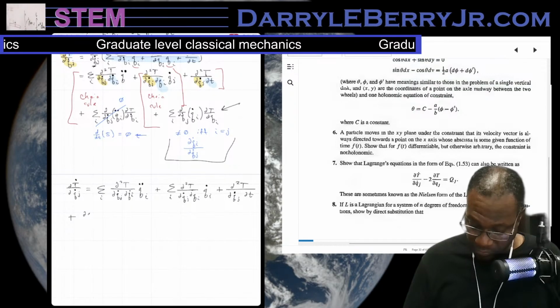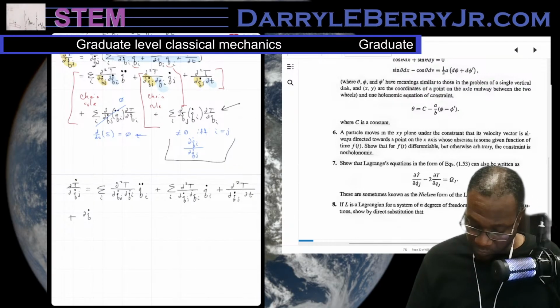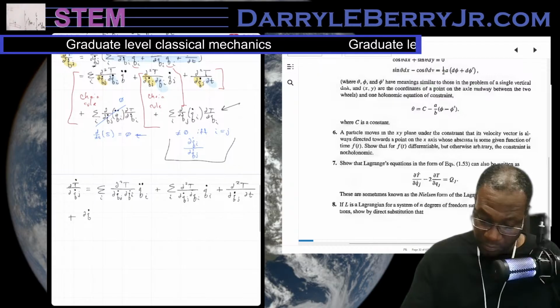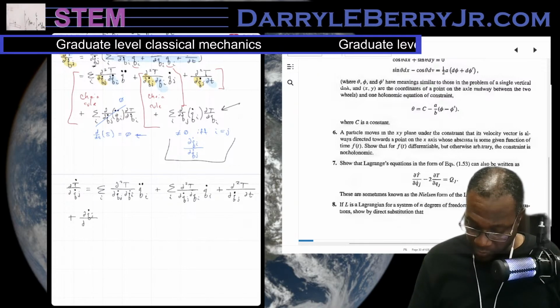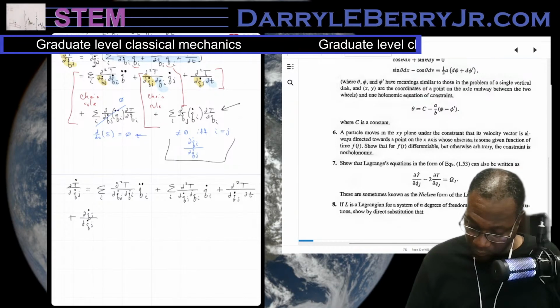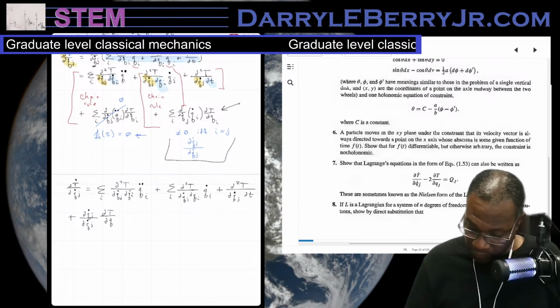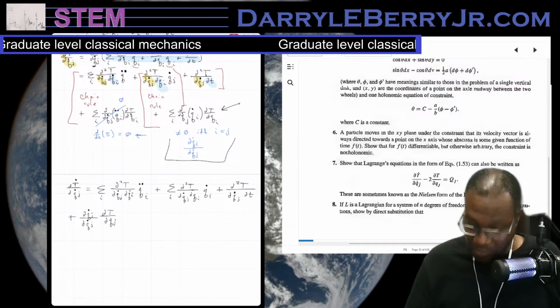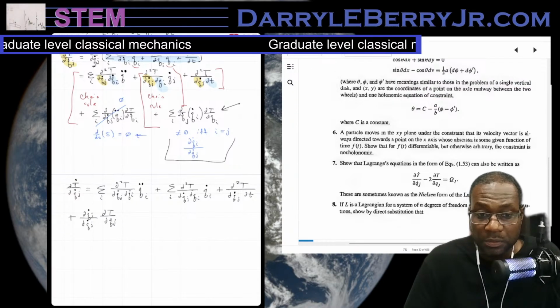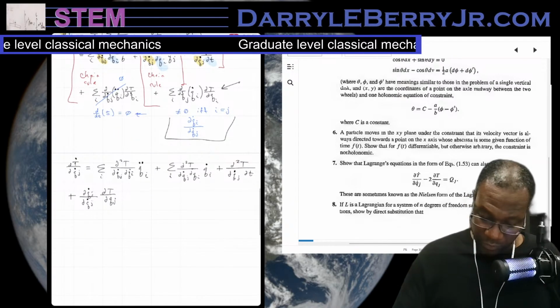So it's partial q dot J over partial q dot J, summed over I until they equal J, then the derivative of q J. So now this is going to equal 1.